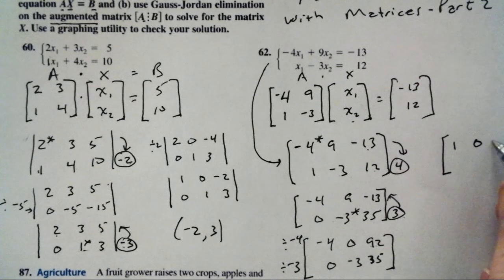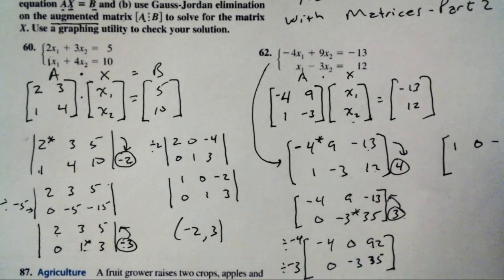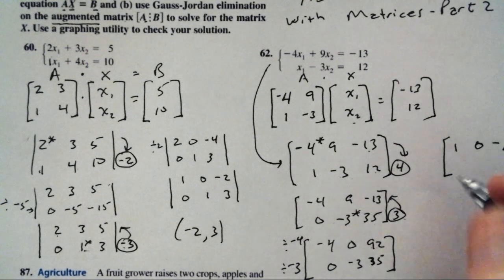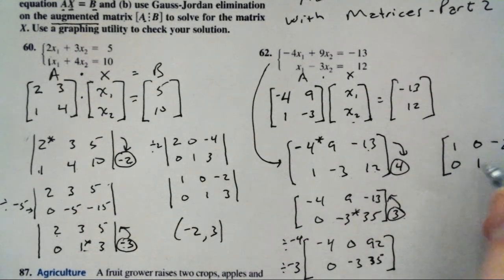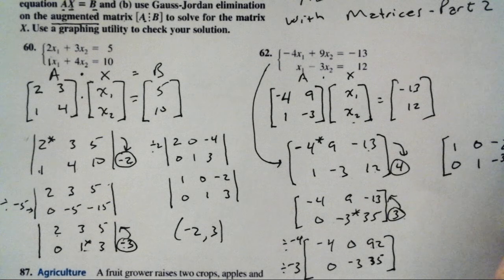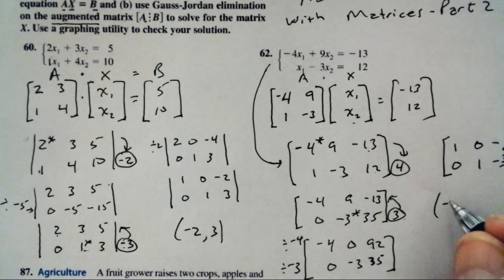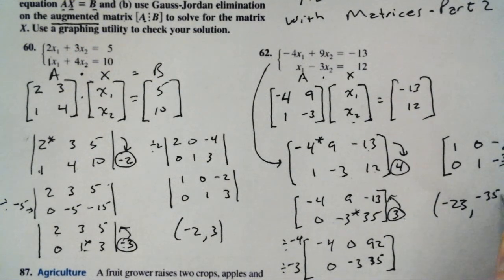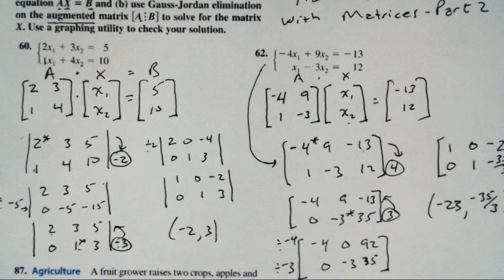Positive divided by negative, negative. 92 divided by 4, 23. Divide by -3 and I get 0, 1, and nothing great happens here. -35 over 3, for an ordered pair solution of x is -23, y is -35 thirds.